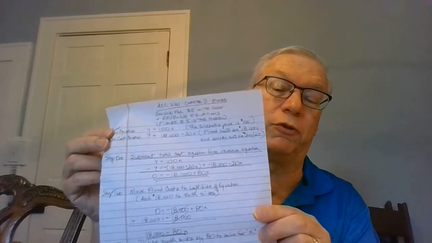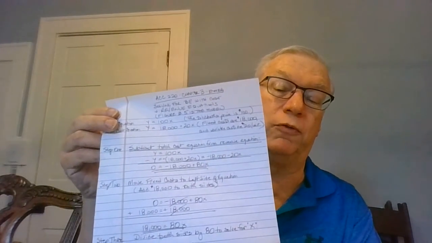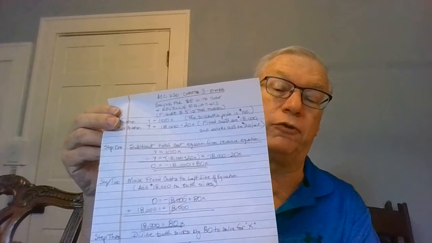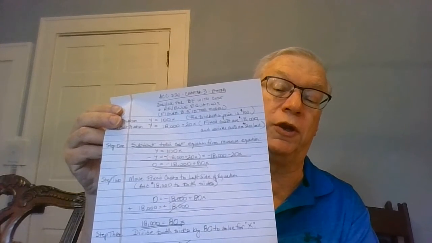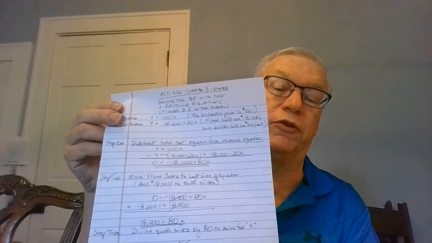To manipulate this equation a little bit more, in step number 2, we're going to move the fixed costs over to the left side of the equation, and the way that we do that is we add 18,000 to both sides of the equation.